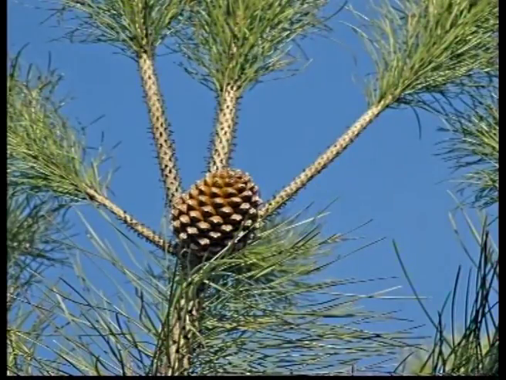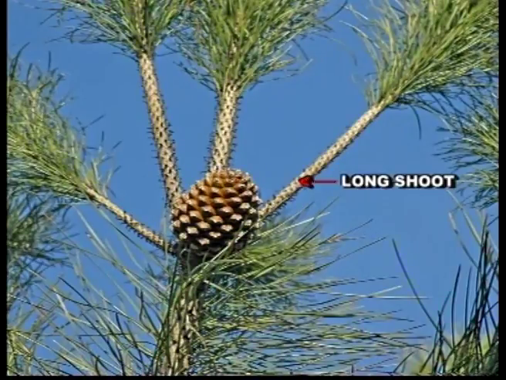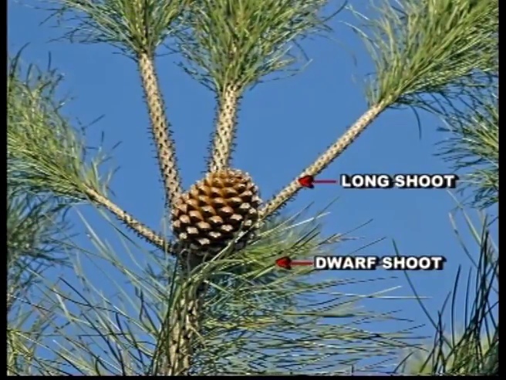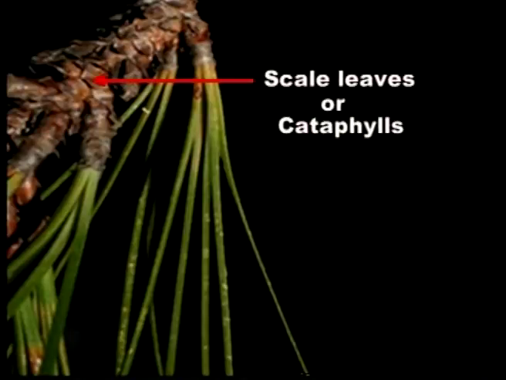One is branches of unlimited growth, which are also known as long shoots, and the other is branches of limited growth, which are known as dwarf shoots. Both the shoots have scale leaves, which are known as cataphylls.